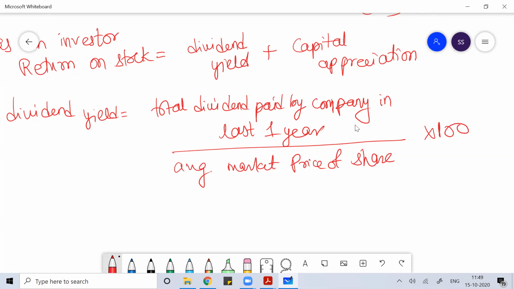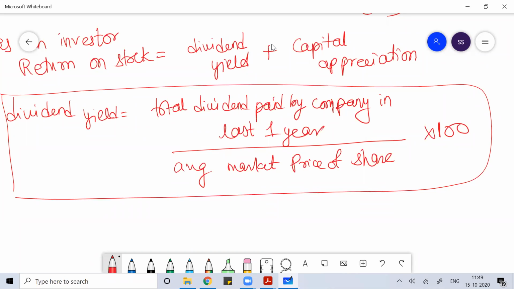So this is called dividend yield. The total dividend paid by the company in the last 1 year divided by the average market price of the share gives you a value, and that value we call dividend yield.